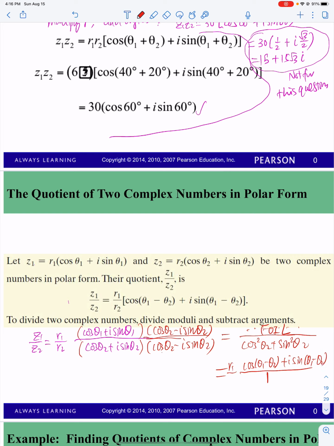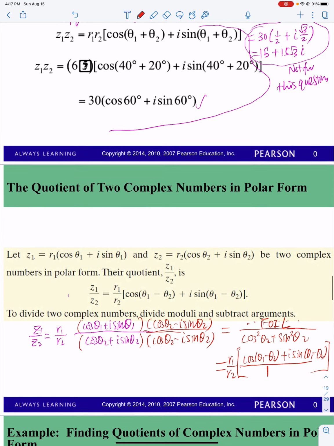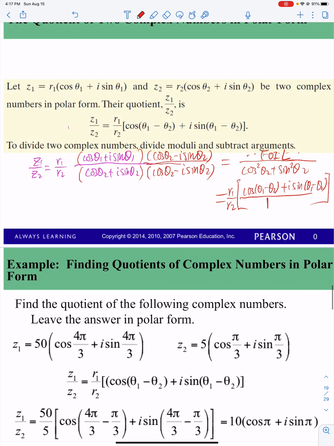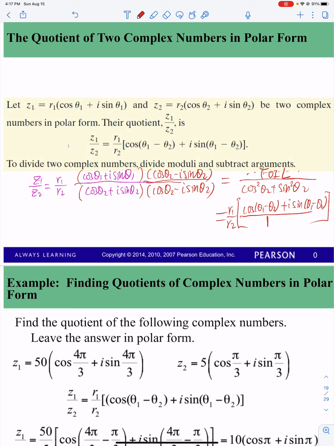Okay, you still have r1 over r2 in front. So this will be the formula. This is where you get the quotient of two complex numbers. Okay, good. So what will you do for the division? You divide r, subtract angles.